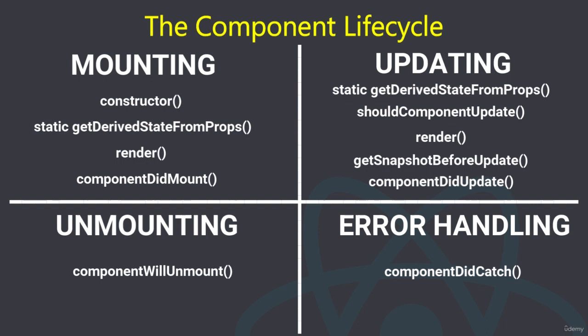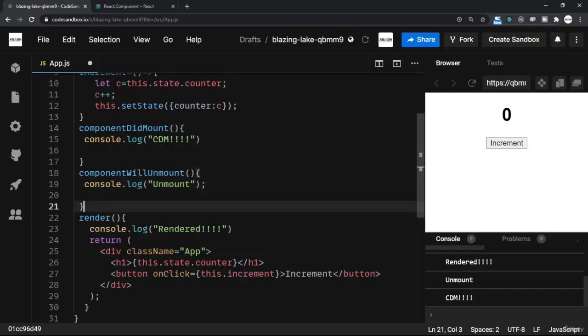Now, as you see in the list, there is one more method. So let's take the updating phase method called shouldComponentUpdate. If this method is placed and does not return true, it will stop re-rendering. That means render will not be called when it is getting updated. So, for example, let me just click here, and every time you see the rendered message getting executed.